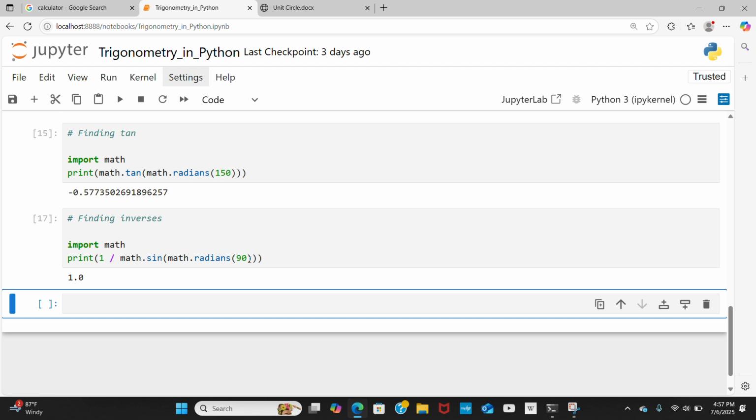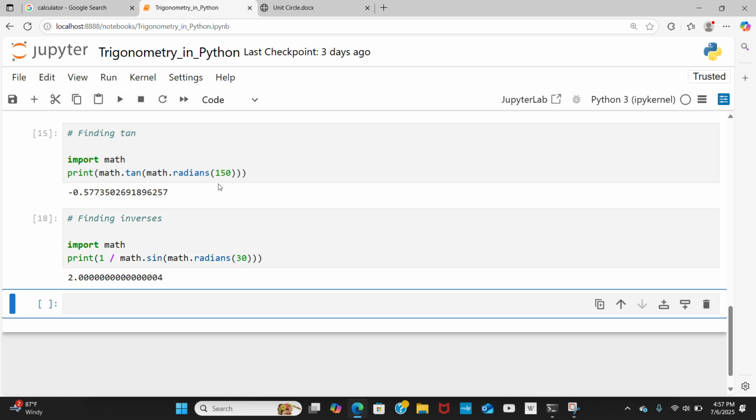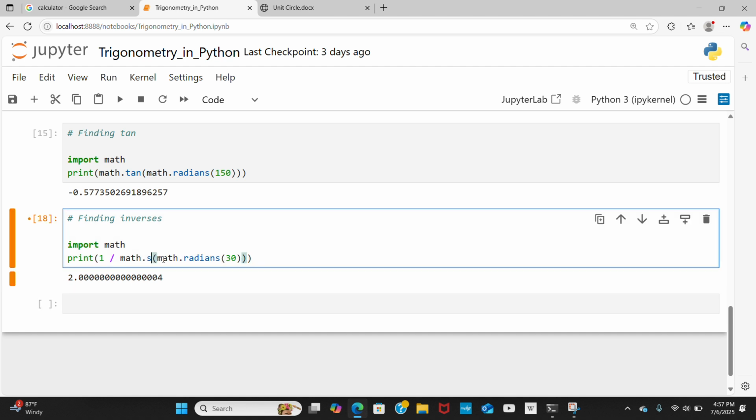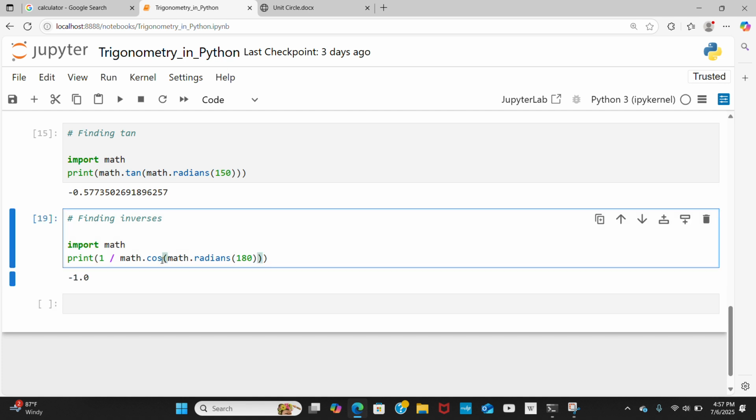I'm sorry, I was a little unprepared for this. Forgive my errors, please. So 1 divided by 1 over 2 is 2. You can also use this for cosine. Cosine of 180. 1 divided by negative 1 is negative 1. Or tangent, 1 over the tangent of 150.